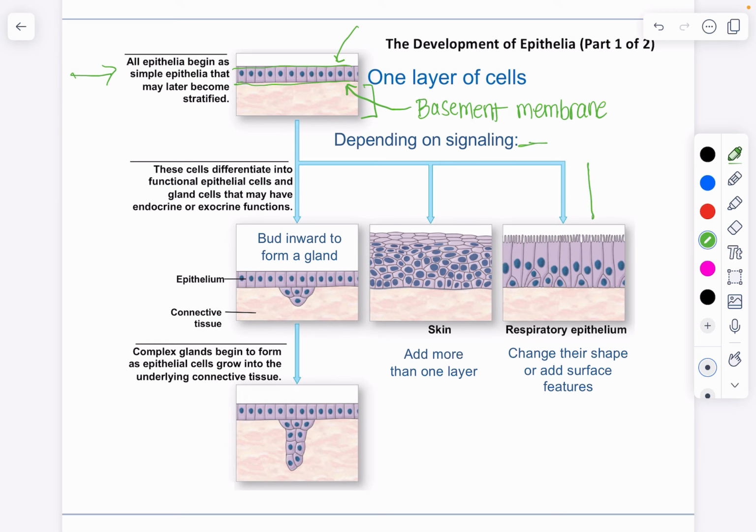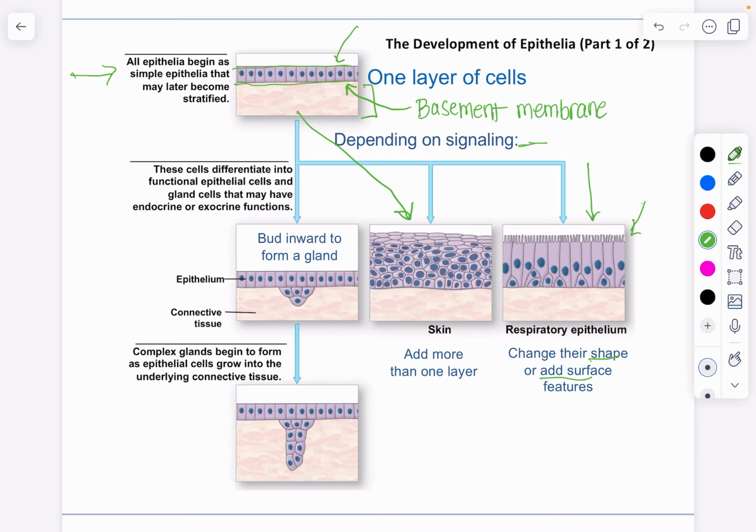So, for instance, in this situation, because these cells reside in the respiratory tract, they are going to change their shape, which we'll talk about later, and their surface. They're going to add cilia there. In some situations, we want more than one cell layer. So here is an epithelium composed of many layers of epithelial cells.